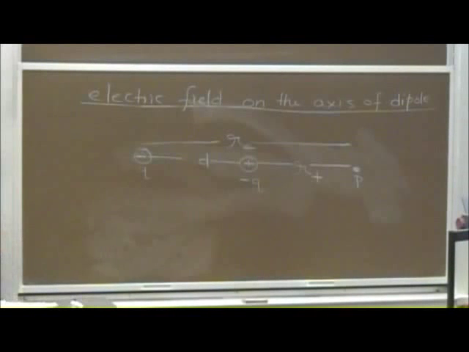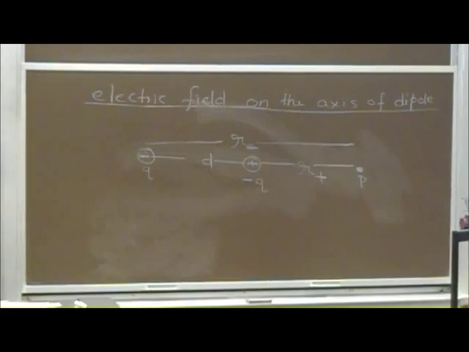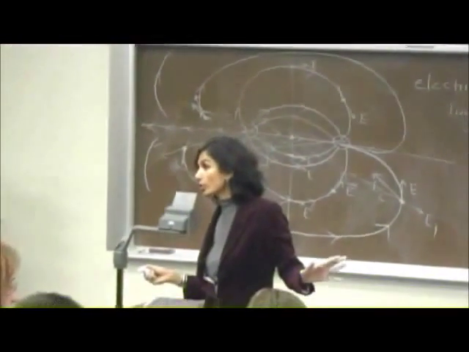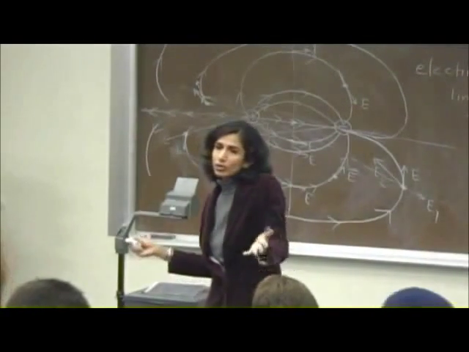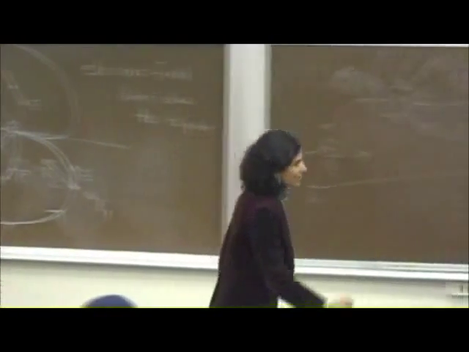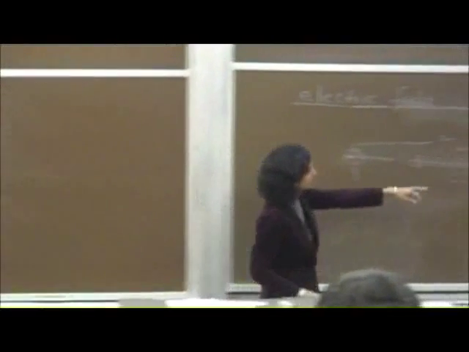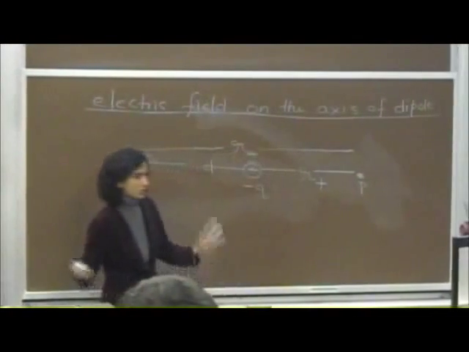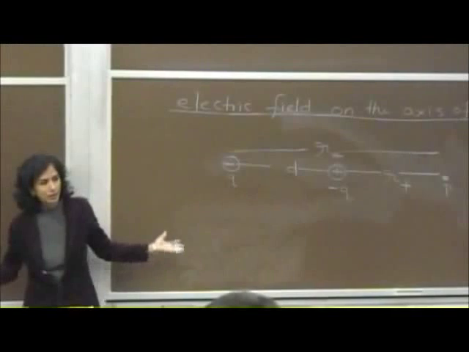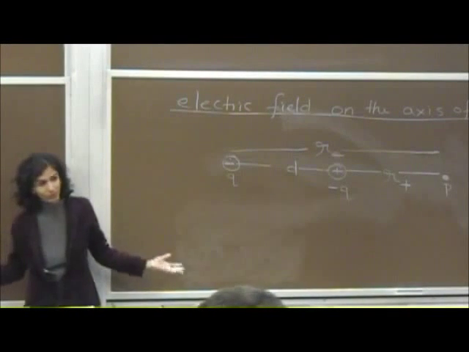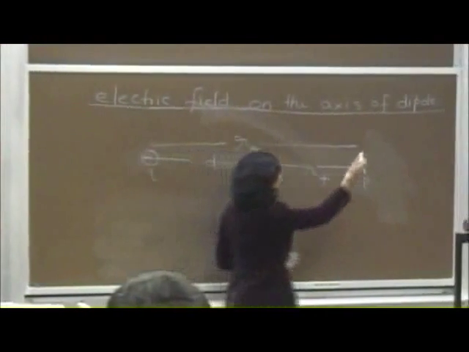It really doesn't matter. Either way, you should be able to do it, shouldn't you? But I'm just saying, let's use exactly the same notation that they used in your book, because when you look at your book, it will make much more sense. But it's the same. So let's keep this point P right now closer to the positive charge. Not important, but just consistent with your book. All right? Let's call this x-axis.